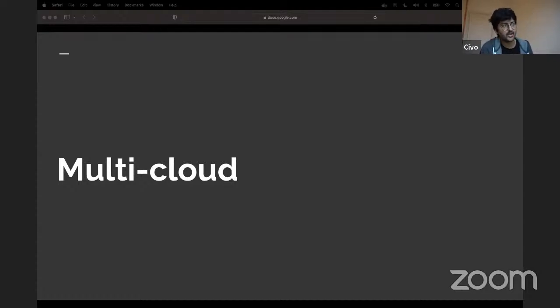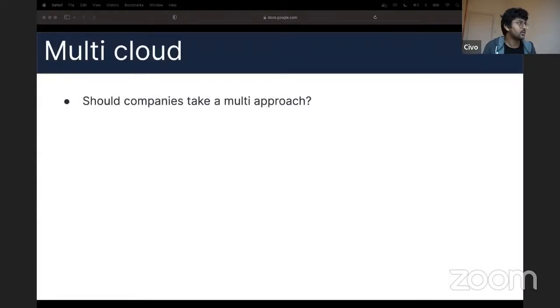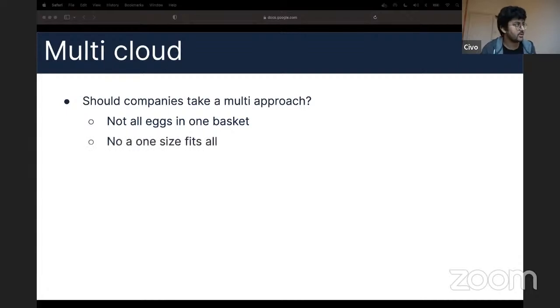Additionally, some people would say the administrative hassles of switching between platforms and paying for network traffic may make it difficult to manage multiple clouds. But ideally, should you take a multi-cloud approach? The good point here is that you don't put all of your eggs in one basket. And again, as I mentioned, no one size fits all.